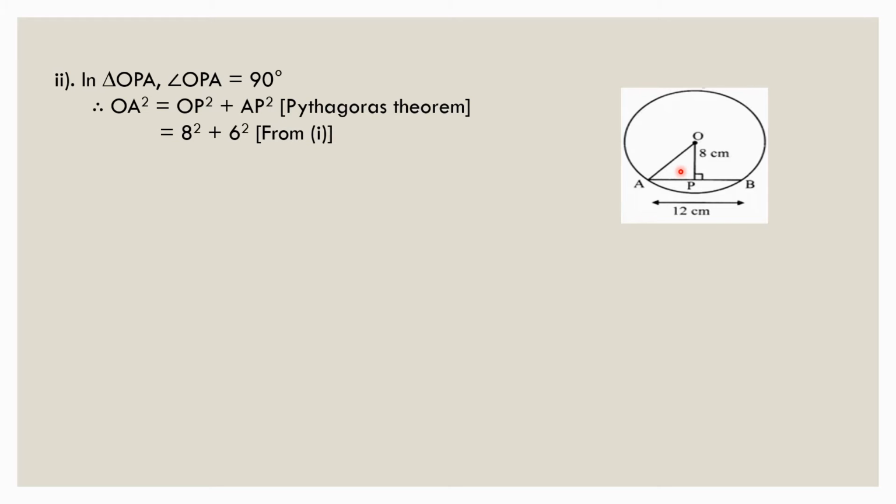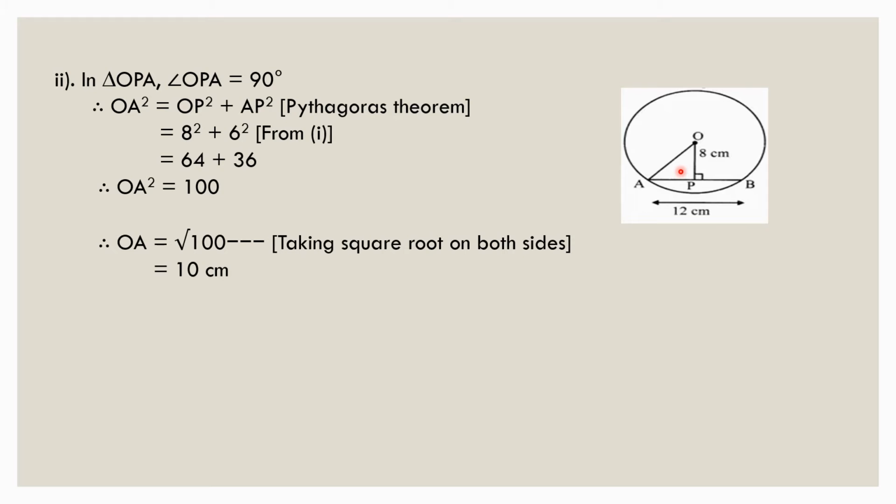From equation 1, you already got AP is equal to 6 cm. Therefore, 8 square plus 6 square, that is 64 plus 36, that is equal to 100. Therefore, OA square is equal to 100. Therefore, OA is equal to square root of 100, is equal to 10 centimeter.